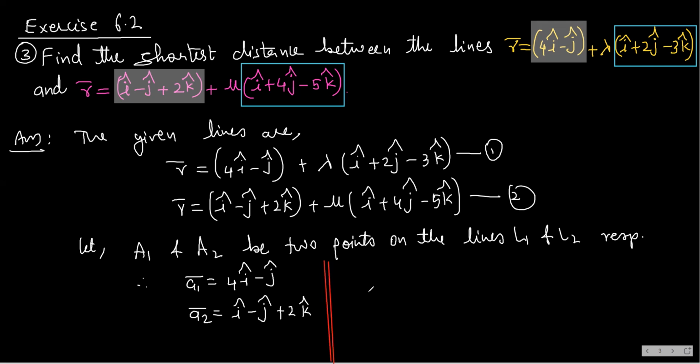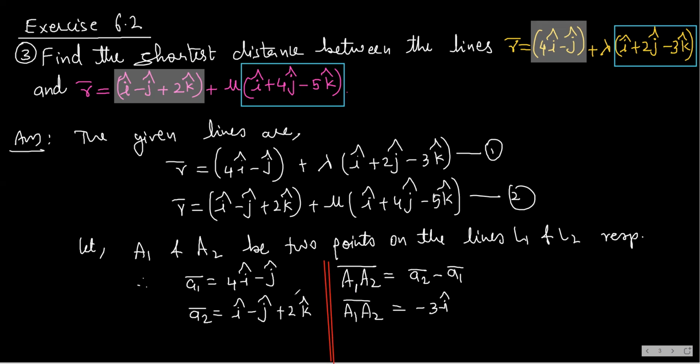Therefore here you have A1A2 bar. A1A2 bar will be A2 bar minus A1 bar, right? And what will this be? So A1A2 bar will be A2 bar minus A1 bar. So you have minus 3 i cap. See, A2 bar minus A1 bar.